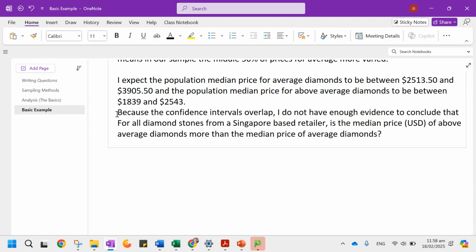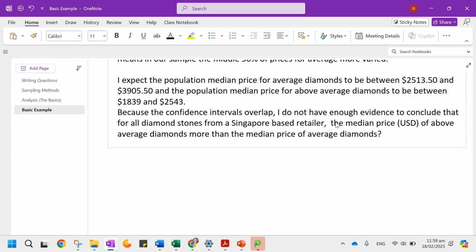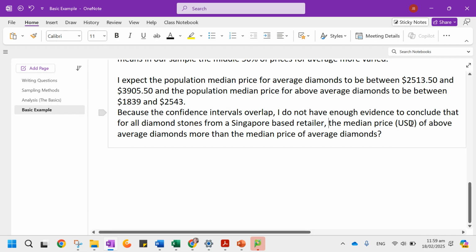Change it to no longer a capital. Because the confidence intervals overlap, I do not have enough evidence to conclude that for all diamond stones from a Singapore-based retailer, I'm going to take "that is" away because it no longer makes sense. I do not have enough evidence to conclude that the median price of above average diamonds, and I'm going to move "that is" to there and get rid of the question mark.